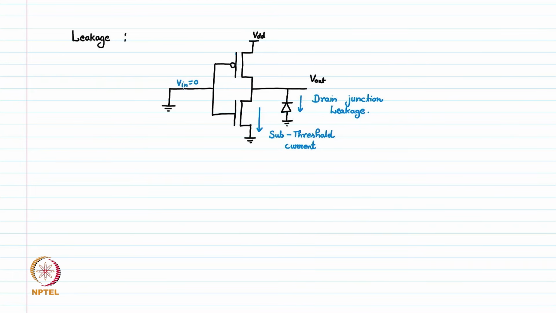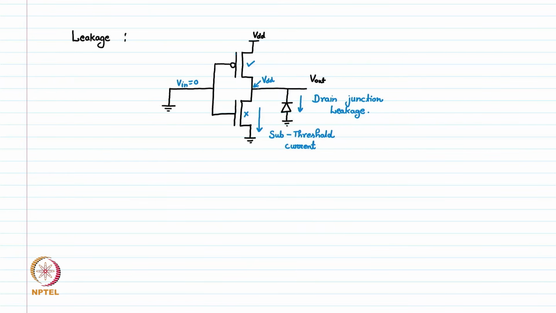Because if we see here, we are putting input as 0, it means the output will be a high value. This PMOS will be on, this NMOS will be off, and this node will be VDD, which is a high value.